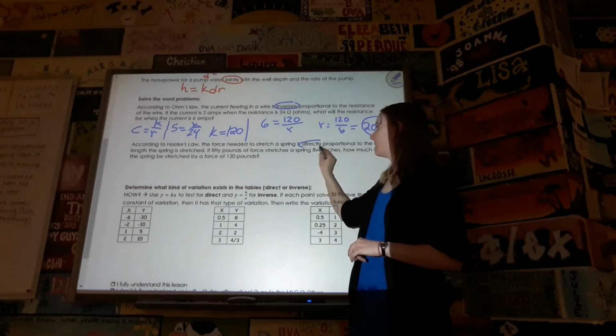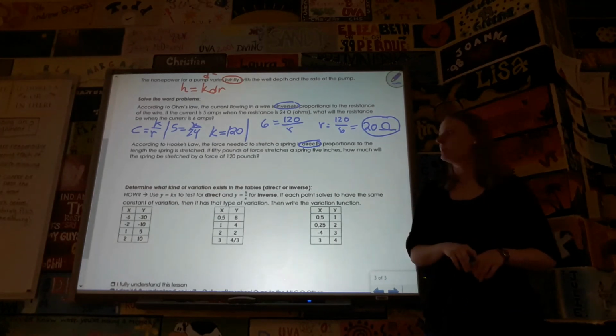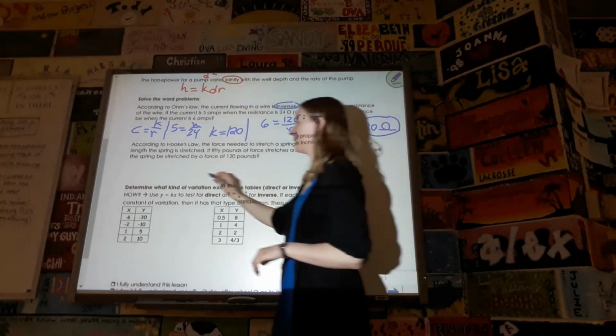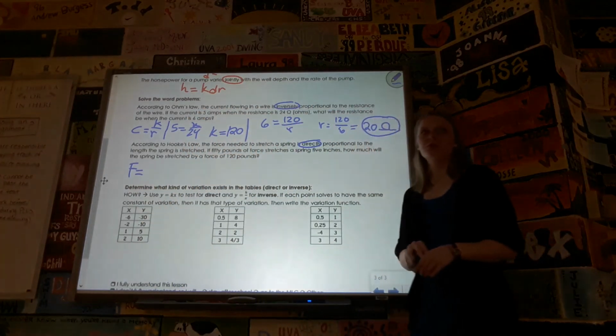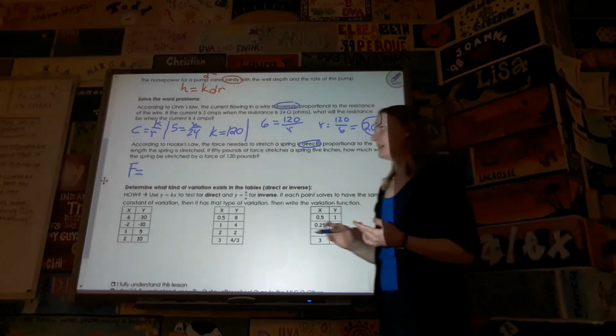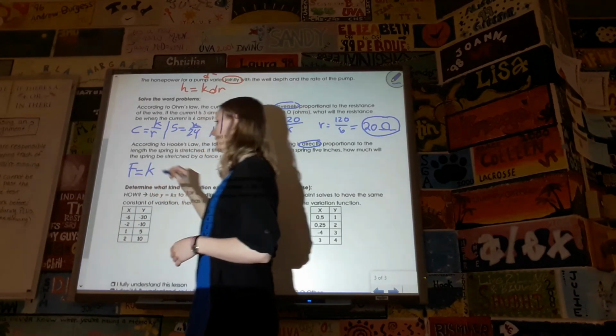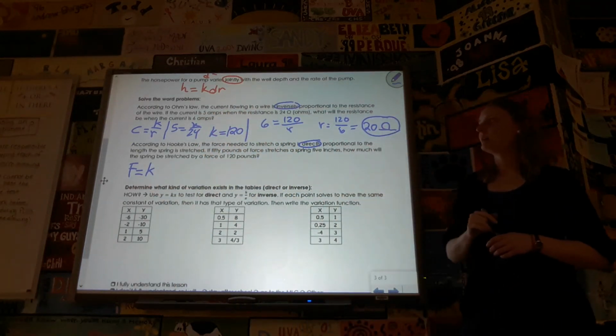Direct. What's my variable on the left? F for force. What's my structure for direct variation? What operation would I use? K times something, right? So constant of variation times. Now the other side says it's proportional to the length the spring is stretched.